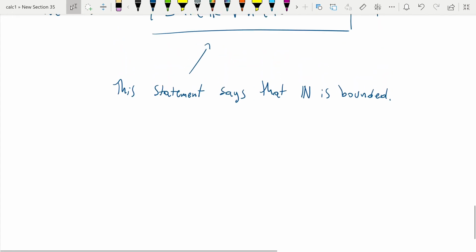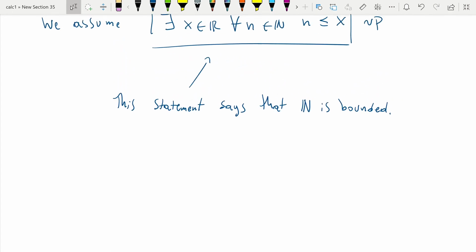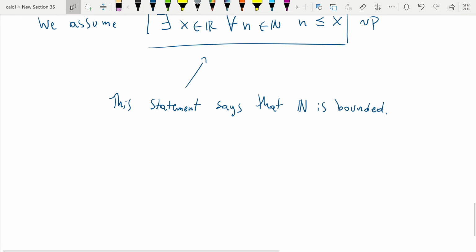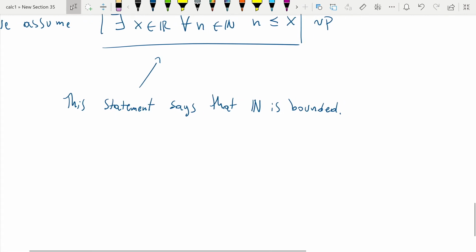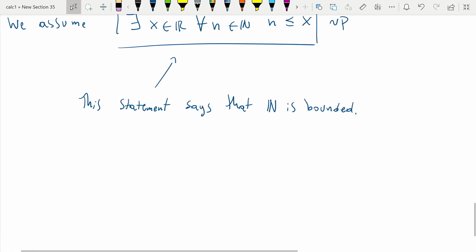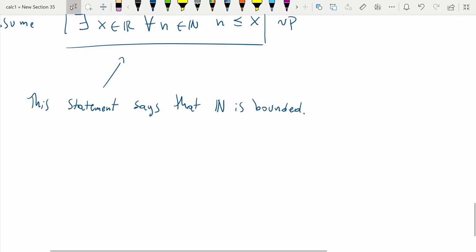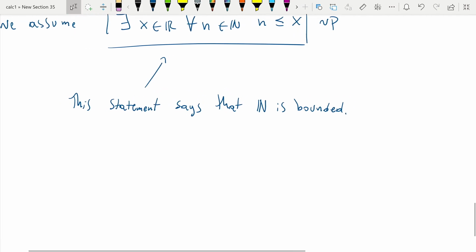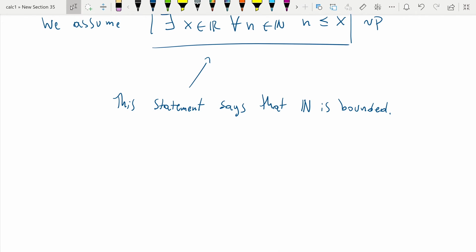What do we know about it? First of all, let's notice that N is a subset of Q, a subset of R, and it's a bounded set, so that means it's bounded above.